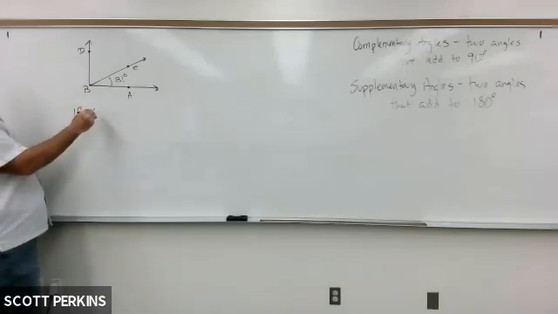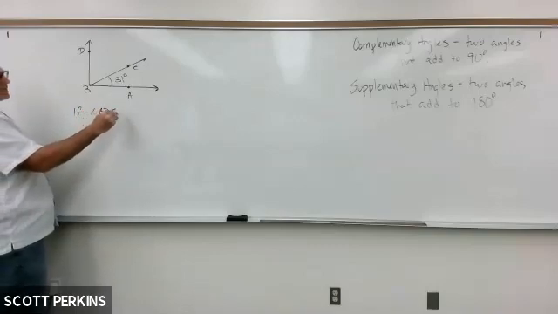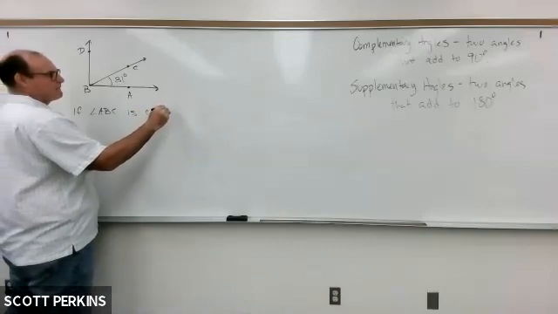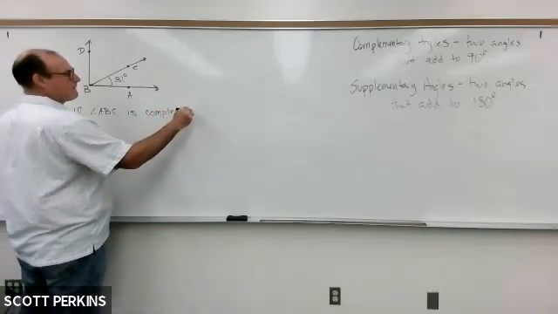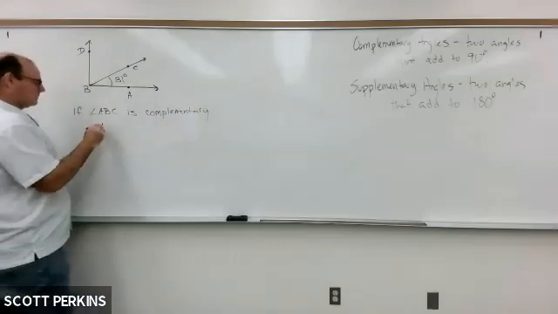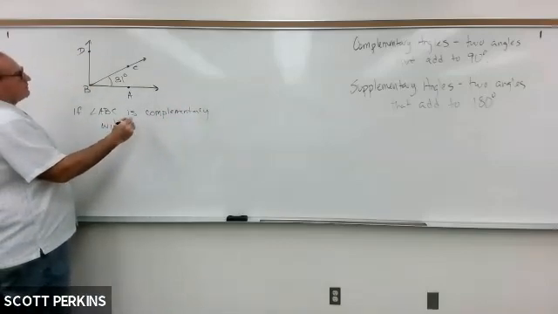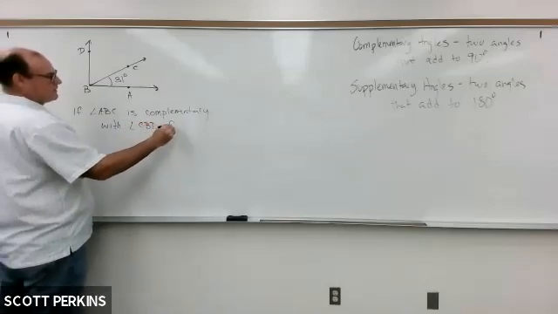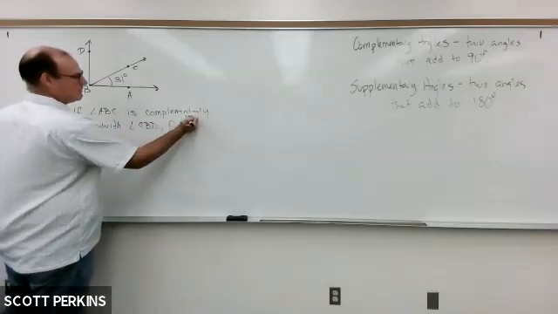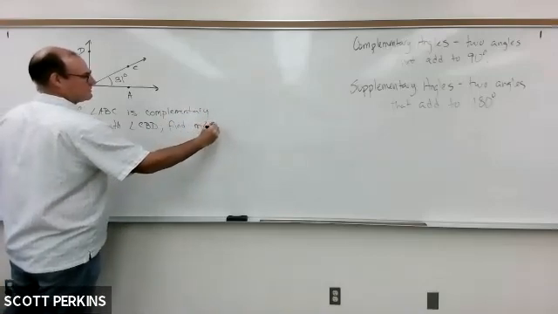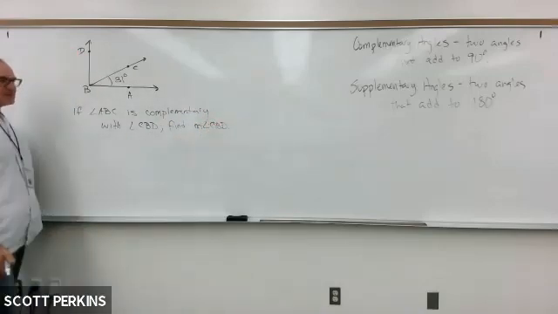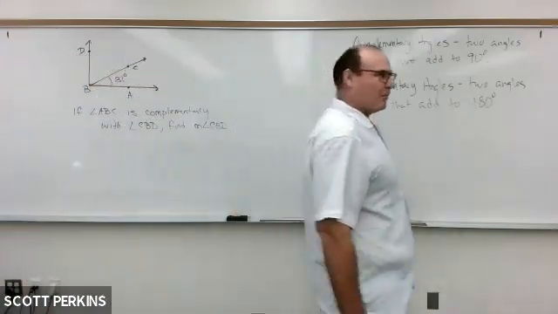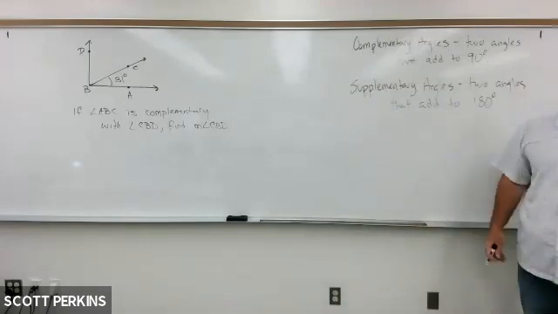If angle ABC is complementary with angle CBD, find the measure of angle CBD. So I'll give you a second to write that down. That's more words than the problem's really worth, but I want you to see how it's going to look.